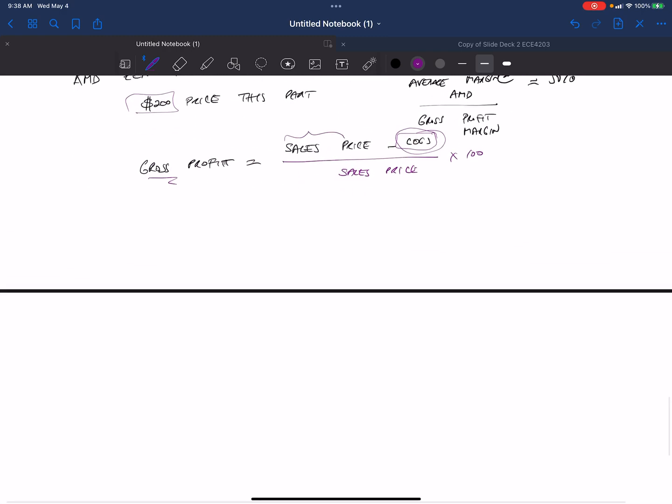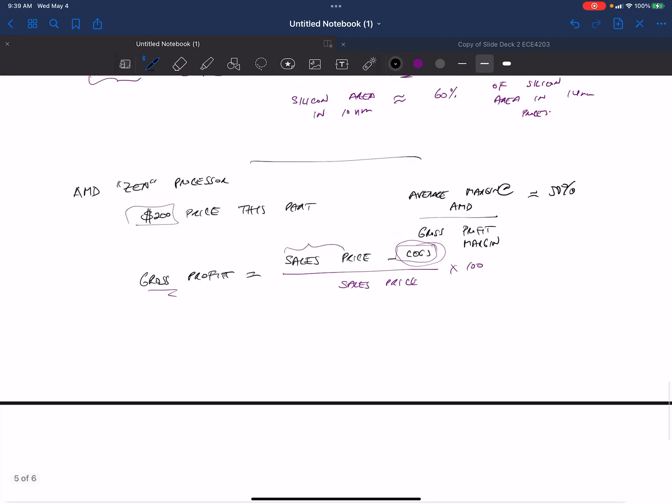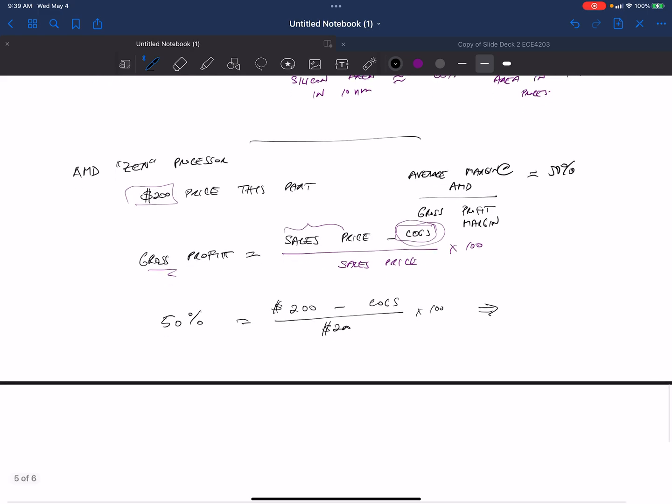Okay, so in this particular case, we say gross profit is 50%, we have the sales price as an approximation, minus cost of goods sold, over the sales price, $200, times 100. And that gives you $100 for the cost of goods sold, which is the incremental cost of making this product.